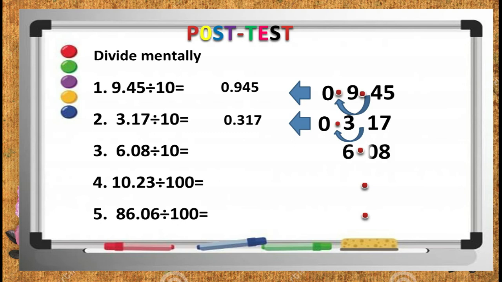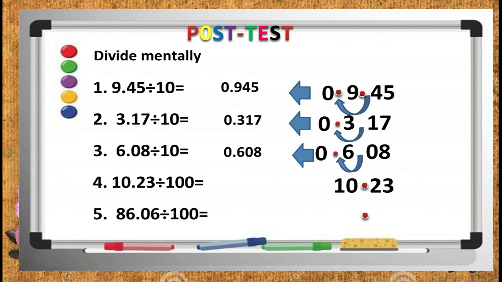For number 3, 6 and 8 hundredths divide 10. Move decimal point 1 to the left. So the answer is 608 thousandths. For number 4, 10 and 23 hundredths divide 100.